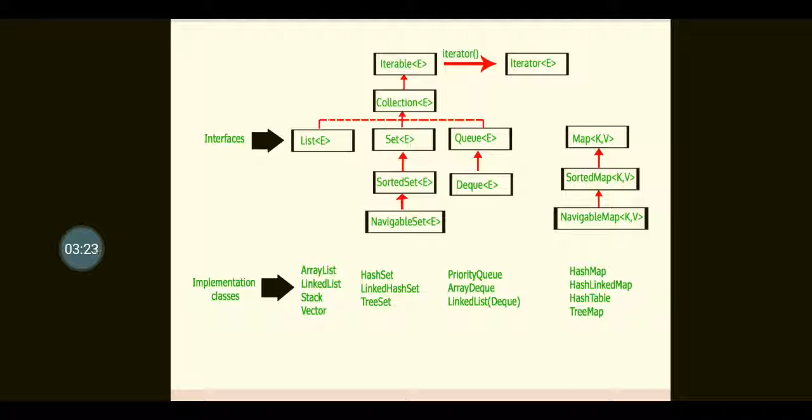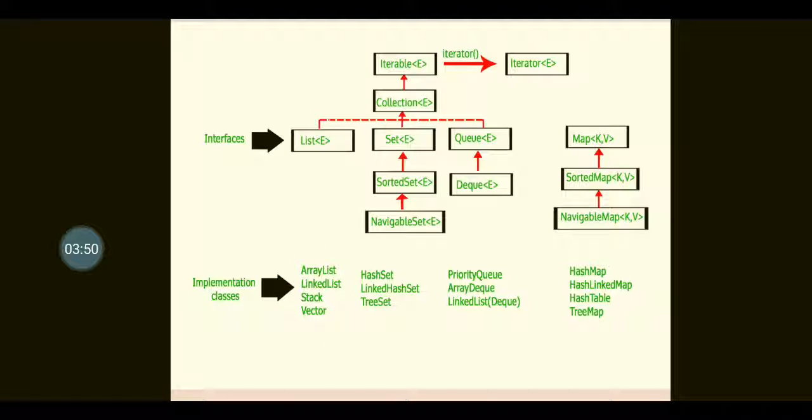With the help of enumerator or iterator we can access the elements of a collection object. In order to iterate the elements of the collection object, we need a method called iterator.